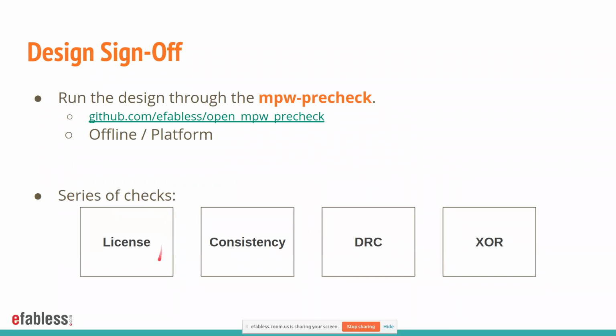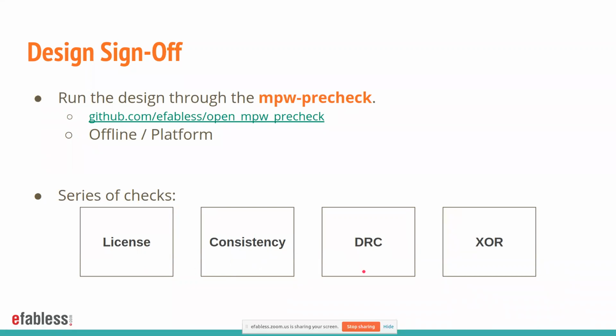One of them is the license check. So if you're submitting for an open MPW shuttle, you will need to have a valid open source license. And the second check is the consistency check, which makes sure that your design adheres to the golden wrapper requirements in terms of pins and power.